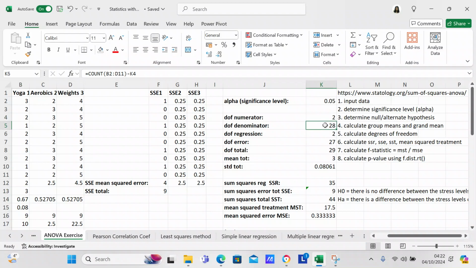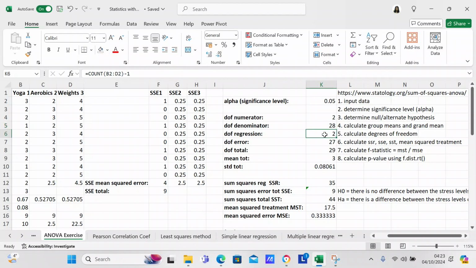It's going to be all of the cells, all of the elements, minus K4. So you count B2 to D11, and then minus K4, which is the DOF denominator, and that gives you a value of 28.